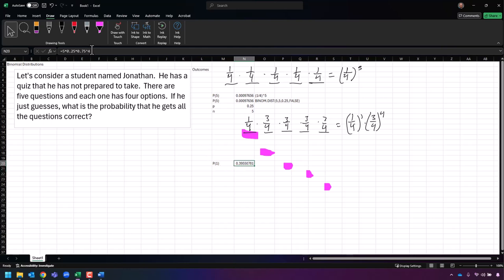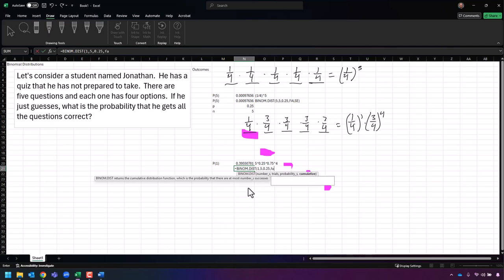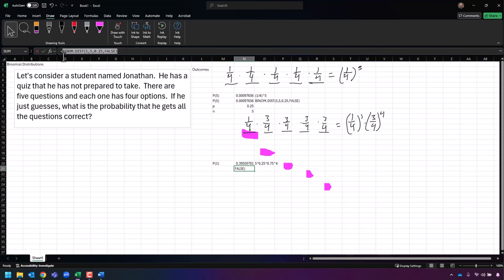So again, having some work here, 5 different ways to get this correct. Now if I use a binomial distribution, we have 1 correct out of 5 trials with a 0.25 probability of success. And then exactly 1 is just going to be false here, and we get that probability.